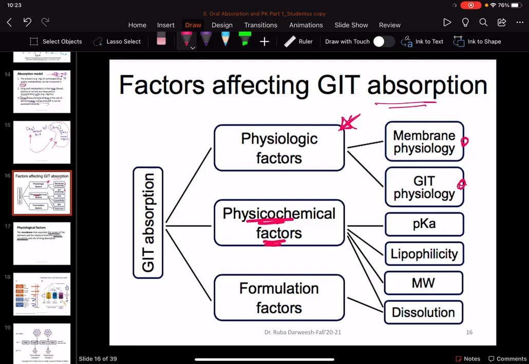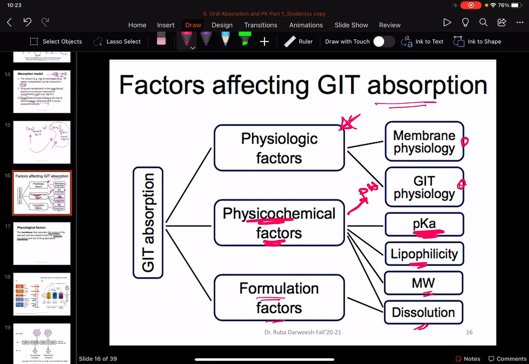Physicochemical properties of the drug are correlated to the pKa in addition to the pH of the site that we are talking about, so it will affect the ionization of the drug, the lipophilicity or hydrophilicity of the drug, the molecular weight, and the dissolution and solubility, which is also related to the formulation.